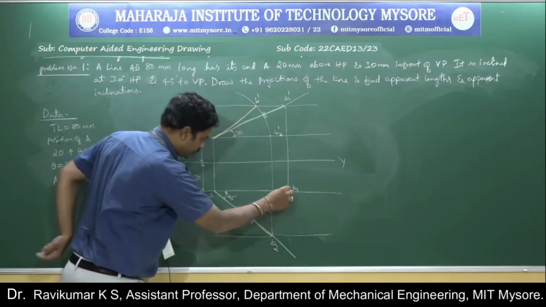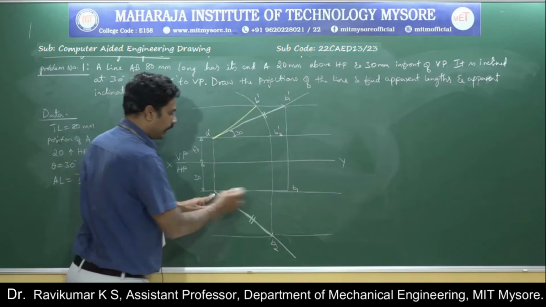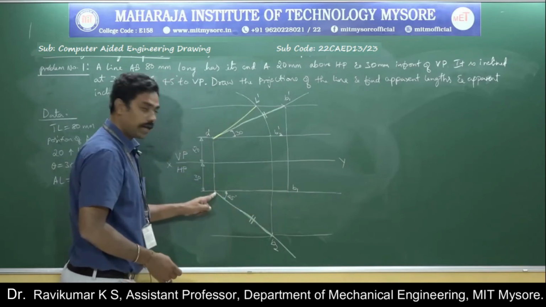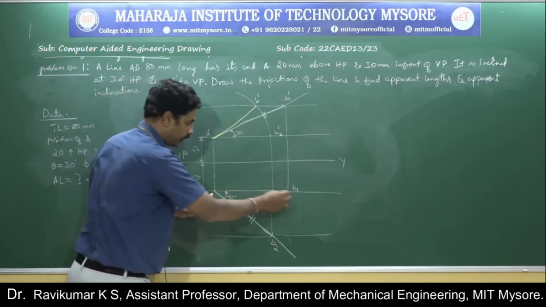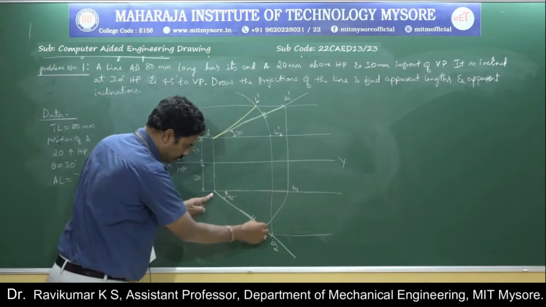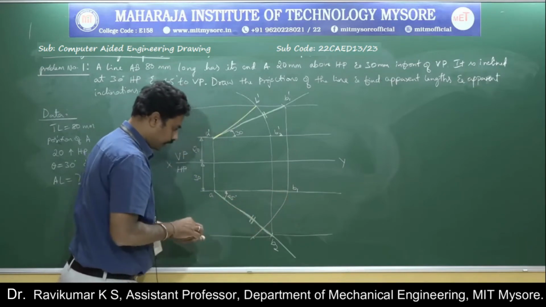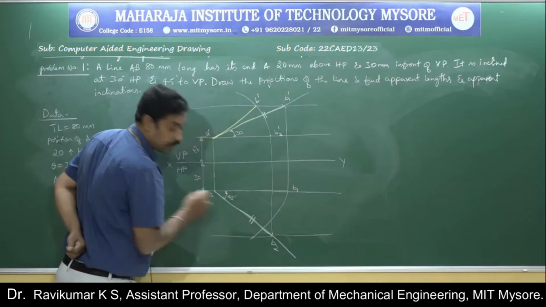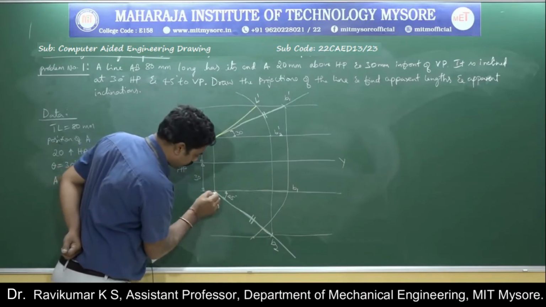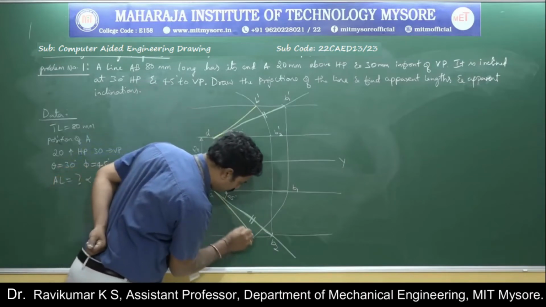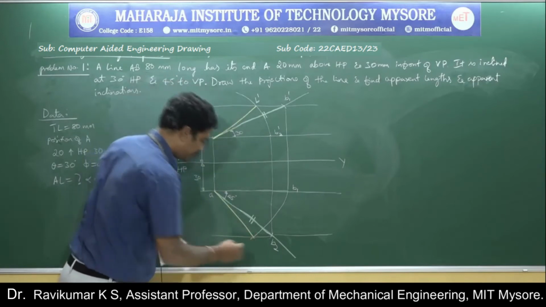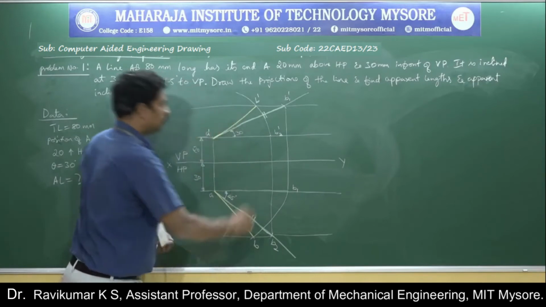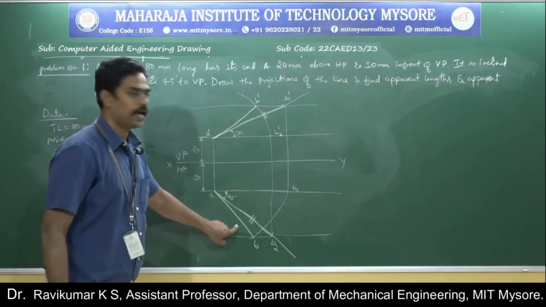So I am taking off the inclination by rotating A B1 with respect to A. I am keeping A as center, A B1 as radius. Rotate this to get this point. Wherever that curve meets the locus of point B, mark that point, join those two, and you will get the apparent length.